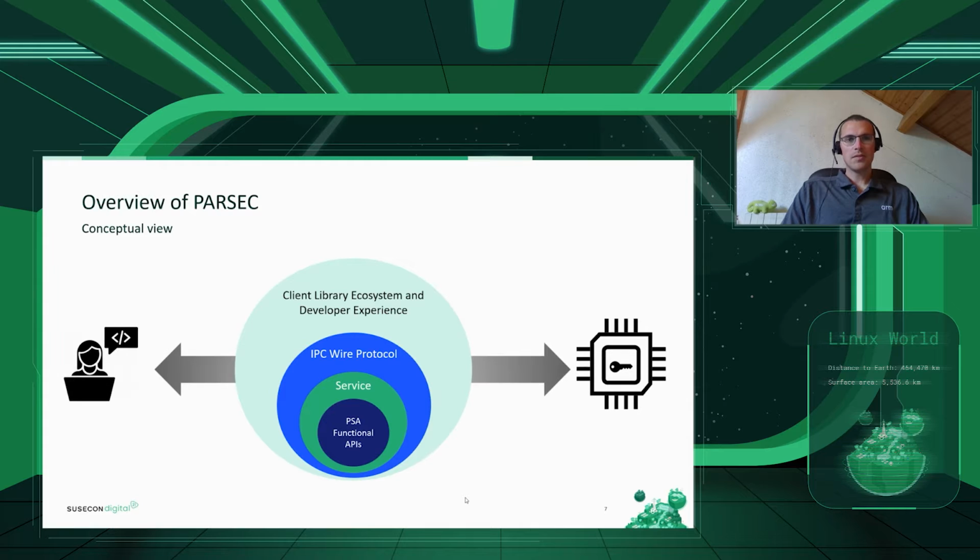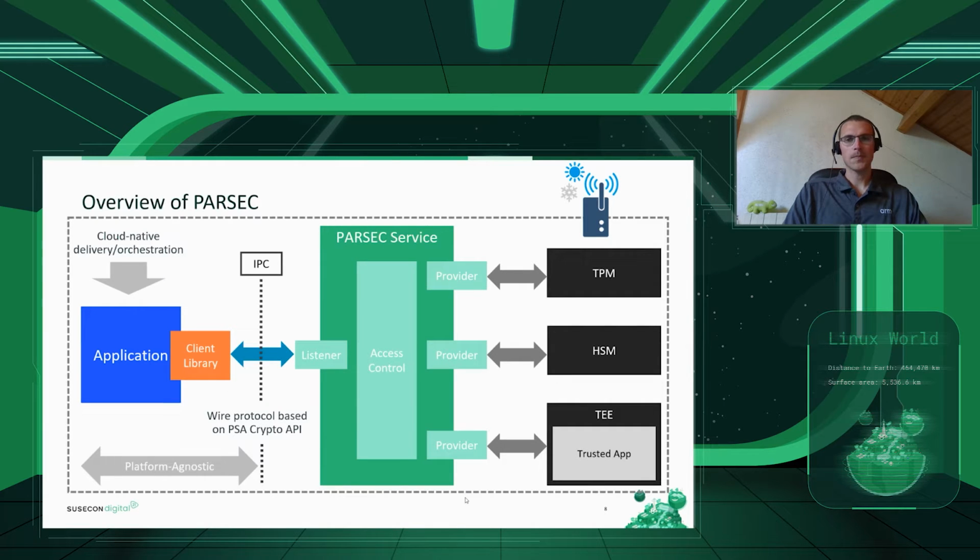On the conceptual view, you have the user on one side and your hardware on the other side. And the user just uses the client library to access the hardware. And this is done via an IPC wire protocol to access the service. But this is really transparent for the user. So you will have your application, which is platform agnostic.